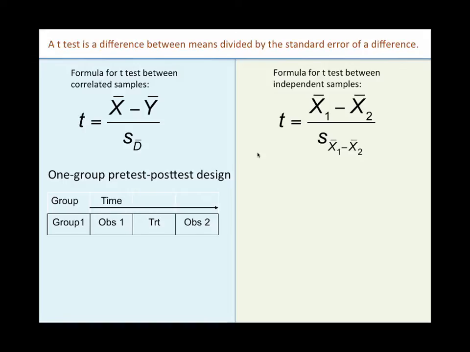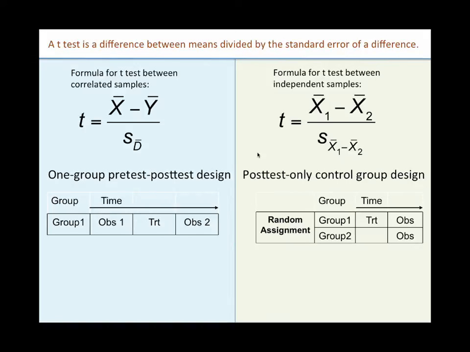Now, with an independent samples design, we are going to have two groups, and it's going to be very important that all the people chosen have a 50-50 chance of being in either group 1 or in group 2. So the principle of random assignment is critical here. So this is called a post-test only control group design.